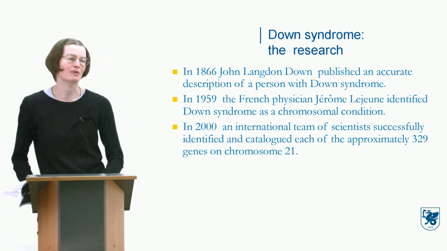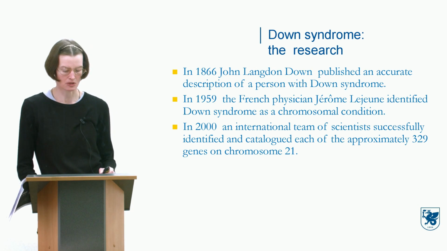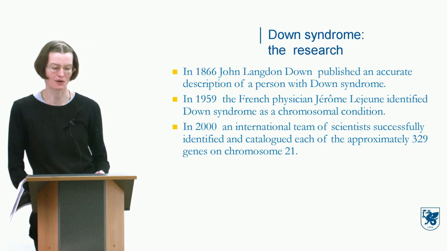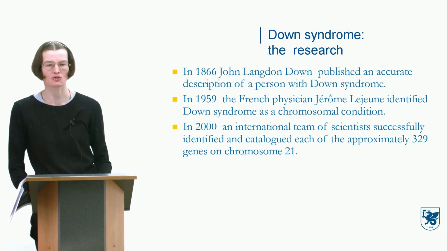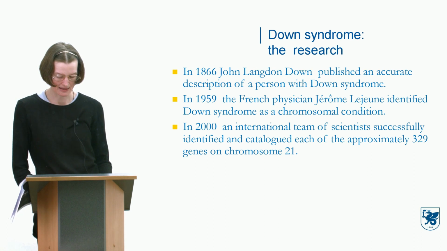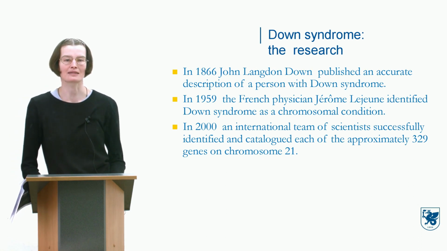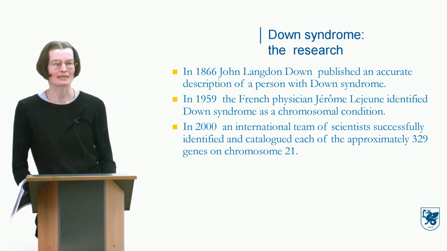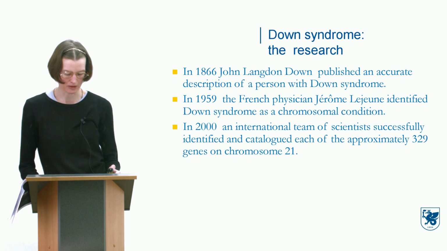So a little bit about the research on Down syndrome. In 1866, John Langdon Down was the first who actually described a person with this condition. And later on, in 1959, the French physician Jérôme Lejeune identified Down syndrome as a chromosomal condition.